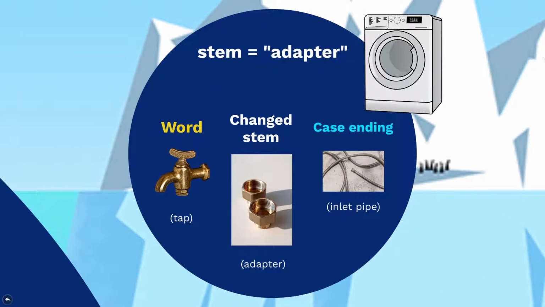Imagine this. You want to add a certain case ending to the word. Having a form that's unsuitable for the ending is like the inlet pipe of the washing machine not fitting the tap. It may kind of fit, but it will leak. You need one of those adapters to make it fit properly. And your kind of a linguistic adapter here is the stem, which has been made so that the word will fit that case, the same way that the adapter makes the tap and the pipe fit together.